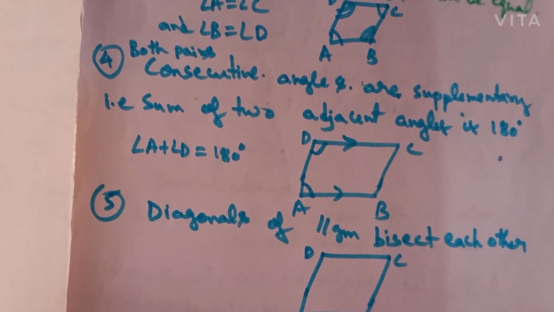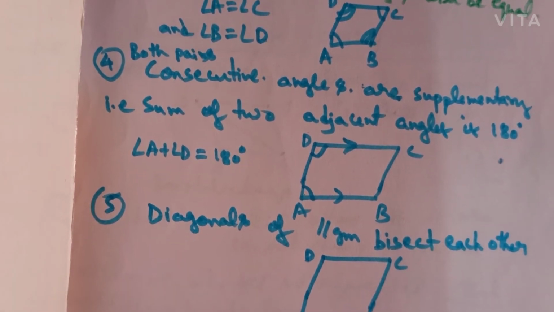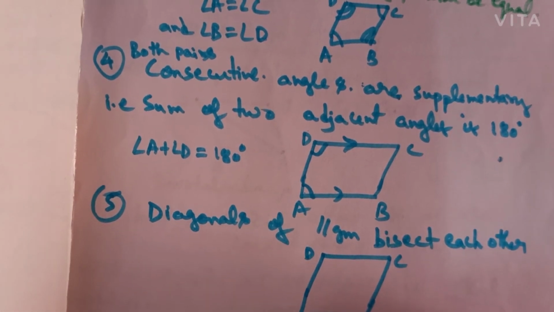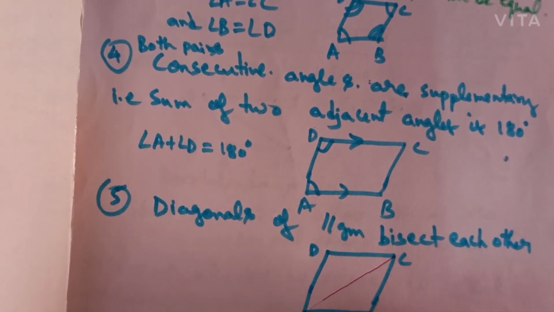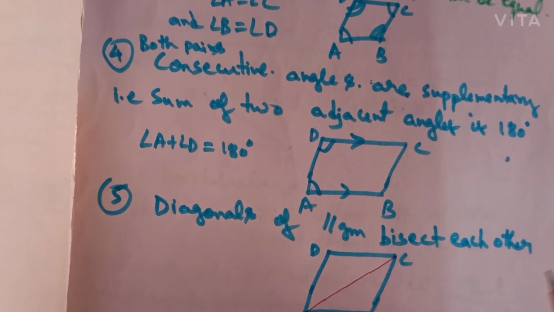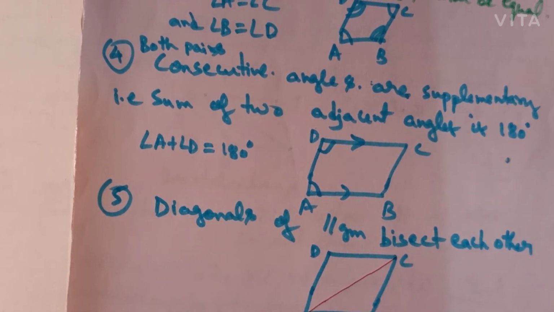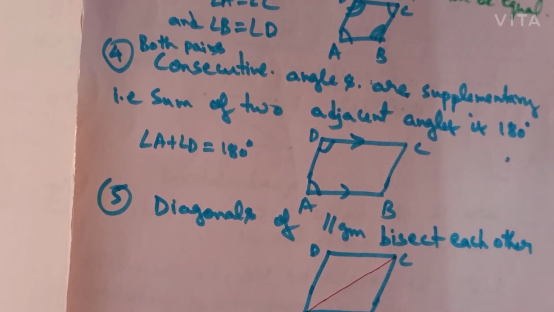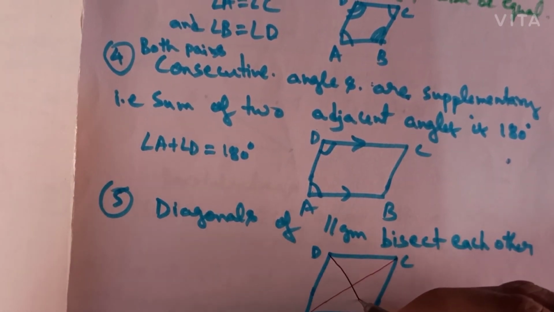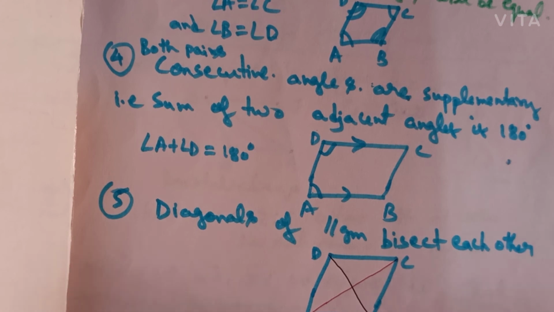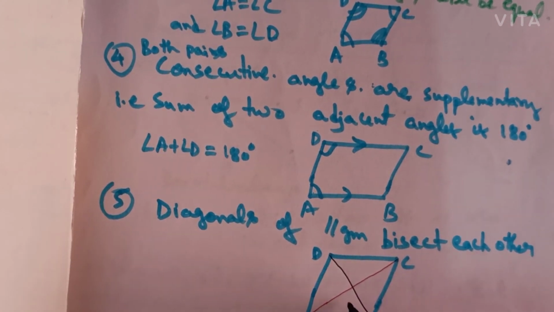Okay, like we have drawn a diagonal AC. What is a diagonal? Diagonal is the line joining the opposite vertices in a polygon. So AC will be one diagonal and BD will be the second diagonal. And the point of intersection is say O.